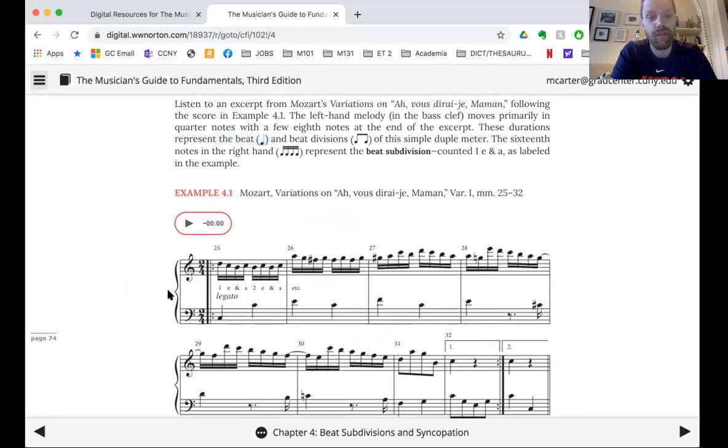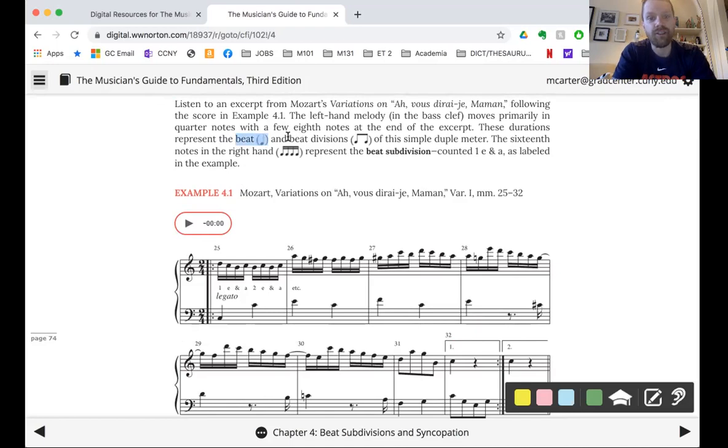Of course, you could have known that just by looking at the time signature, as we know. The bottom number tells you what the beat-keeping duration will be. So a 4 means quarter notes, and the 2 means how many per measure. So we know that the beat is quarter notes, and the beat divisions are eighth notes.